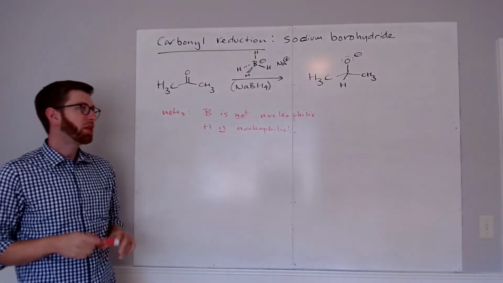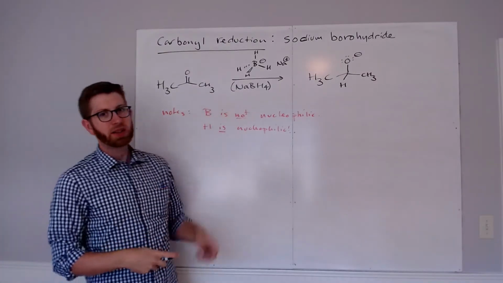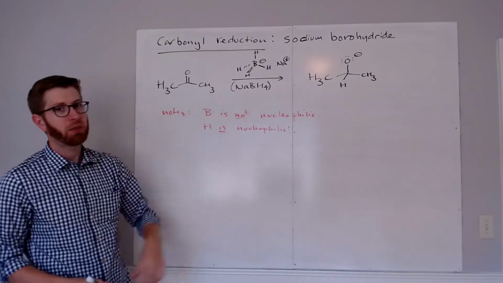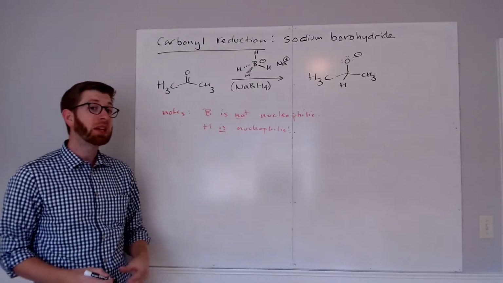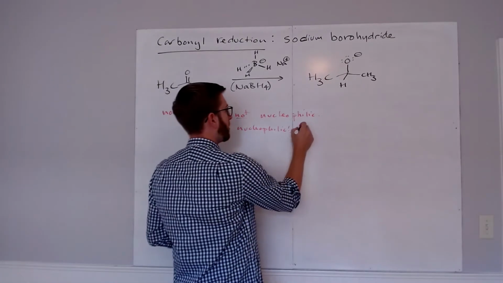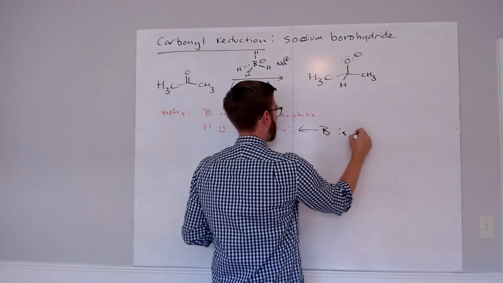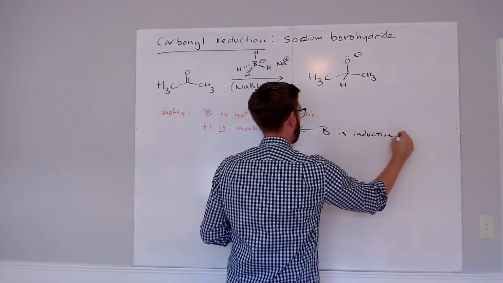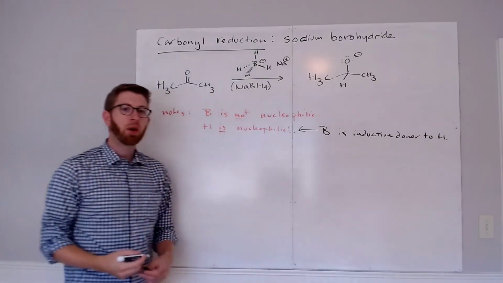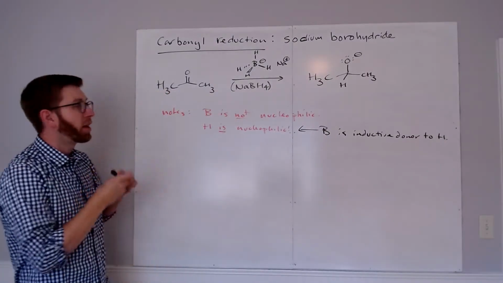One way you can rationalize this is that boron is actually slightly less electronegative than hydrogen. So you could think about the boron species as essentially being an inductive donor of electron density to a hydrogen. That makes the hydrogen somewhat partially negatively charged and therefore nucleophilic.